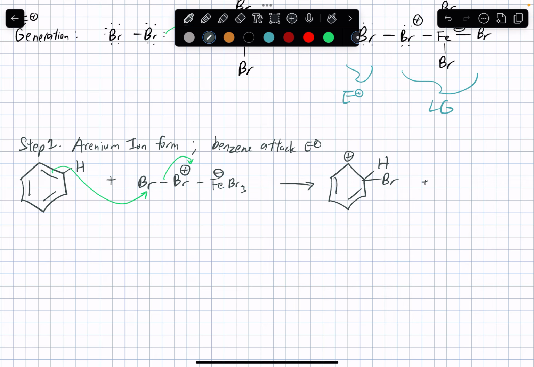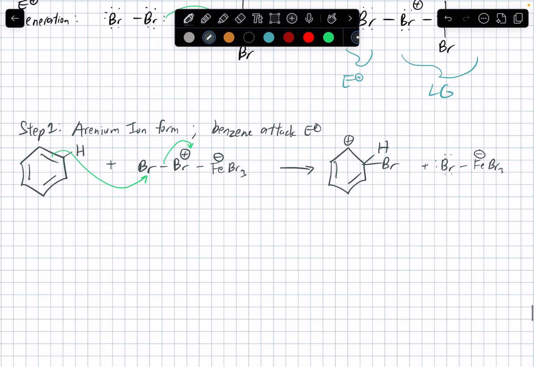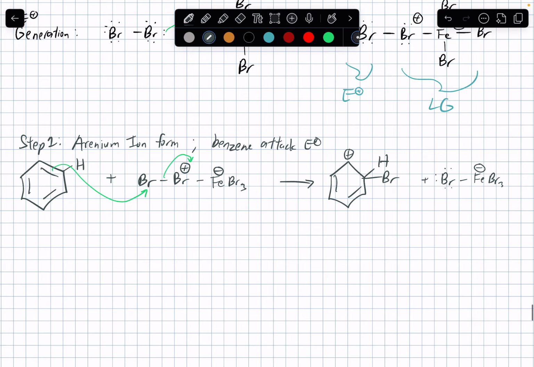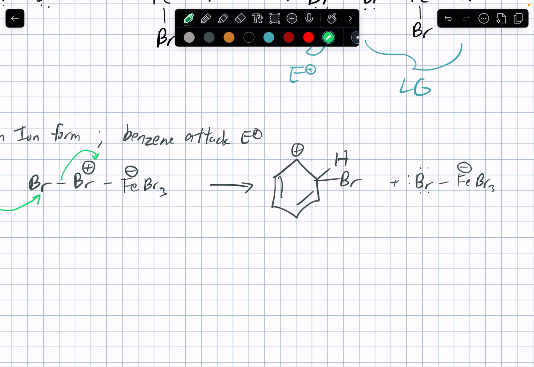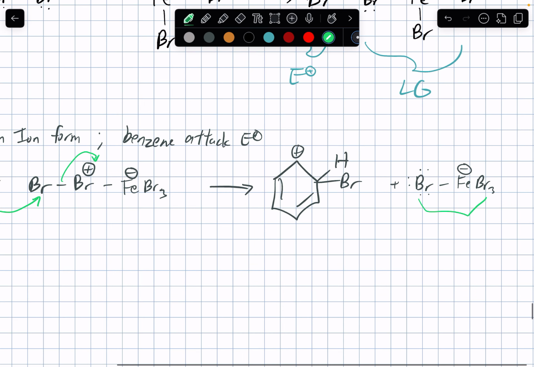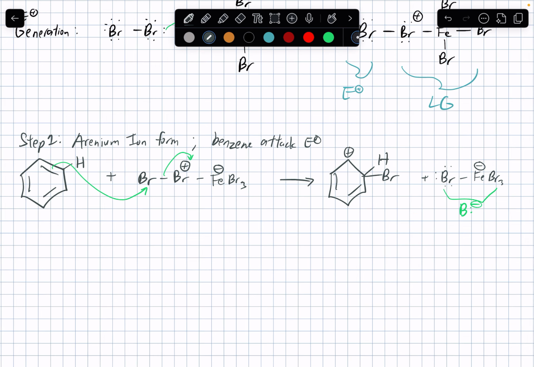Plus Br, and then FeBr3. This Fe is still negative. Br is now neutral because this bond just countered the positive charge. So for halogenation, this is gonna act as our base in step 2.